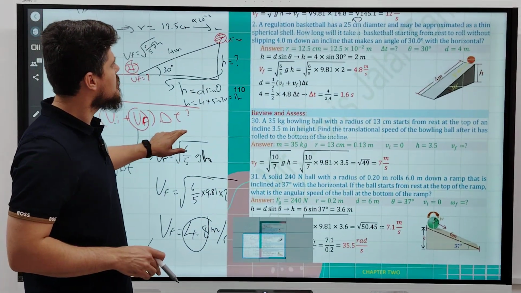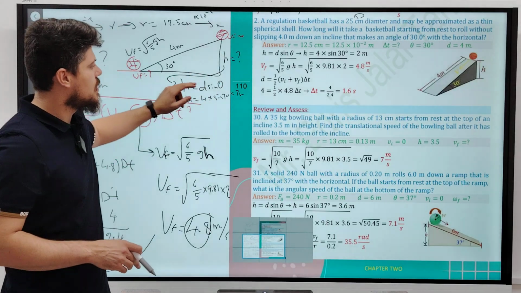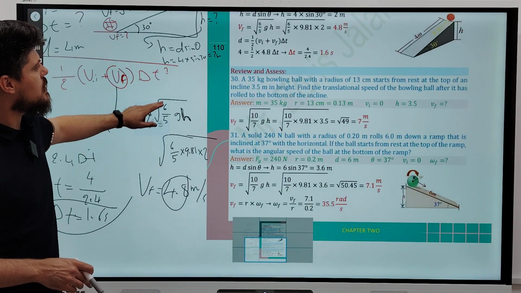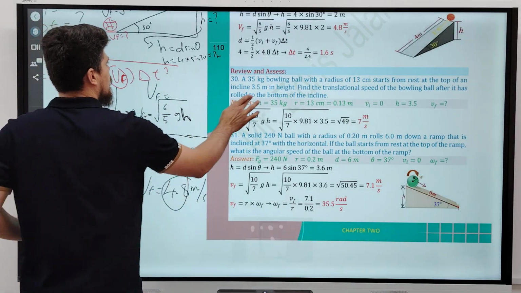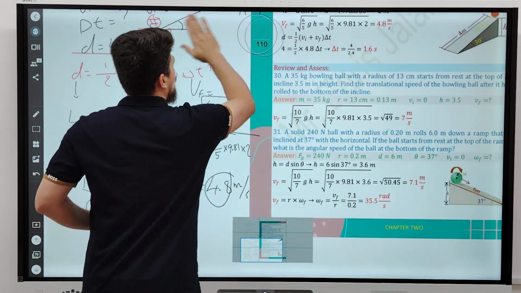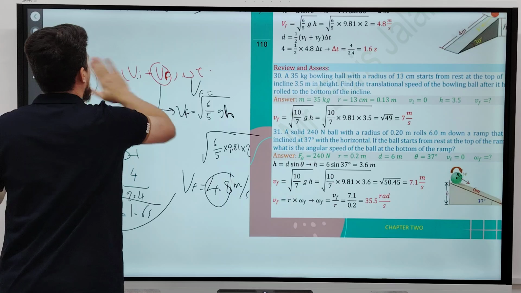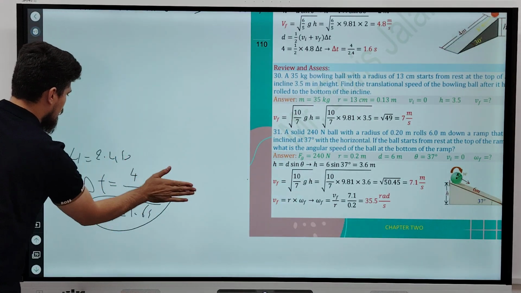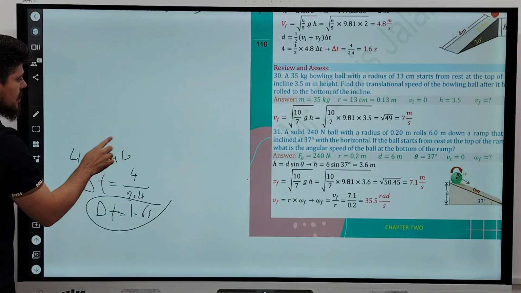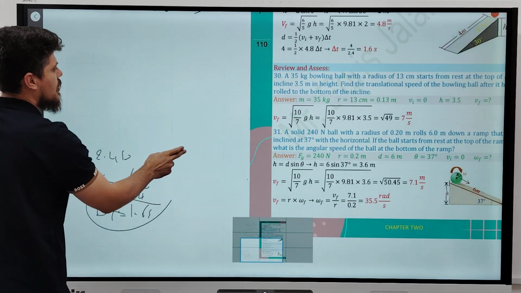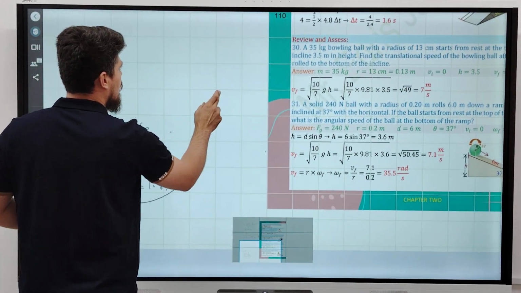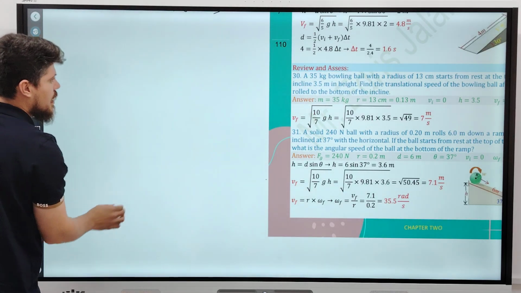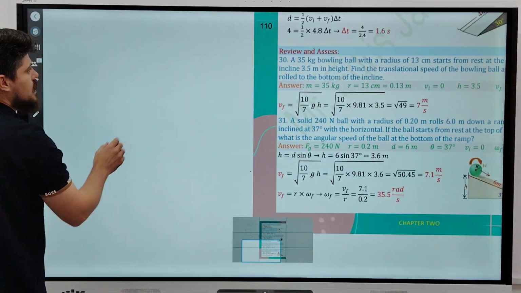Good question. Attention, please. Question 2 in practice 2E. Question 35. Look at question 30.